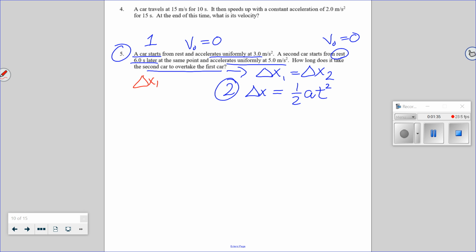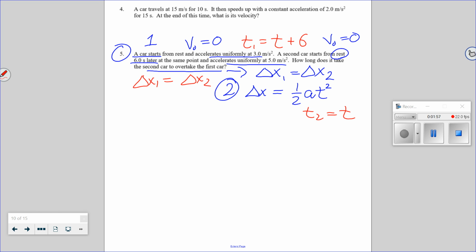We'll just kind of make a chart. We'll make an equation. We're going to say the first car is t plus 6, right? t1 equals t plus 6, and t2 just equals t, because that's the time that we're solving for.